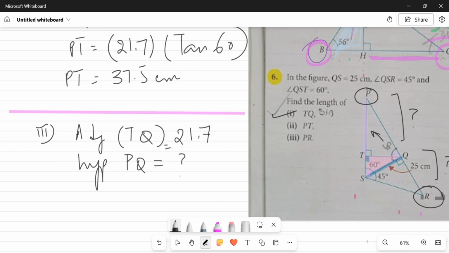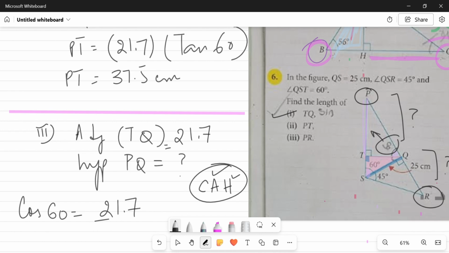So we have adjacent and hypotenuse. Which function do we need to use here? A and H, CAH, which means cos. Adjacent is given, and we need to find the hypotenuse, so we use cos 60 because 60 is mentioned in the diagram. Adjacent is 21.7 and hypotenuse is PQ.